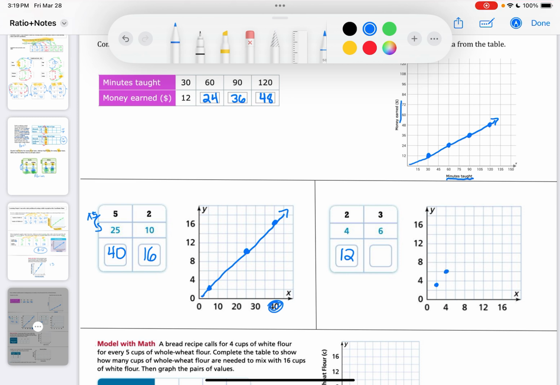So if I do 12, 2 times 6 is 12. So 3 times 6 would be 18. So over 12, up 18 would put me up here.